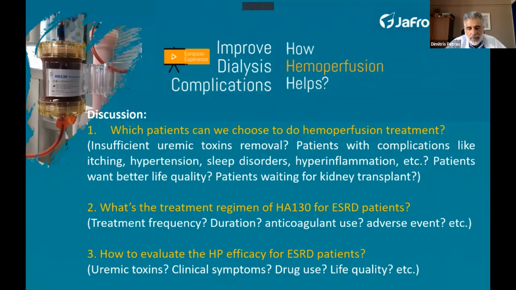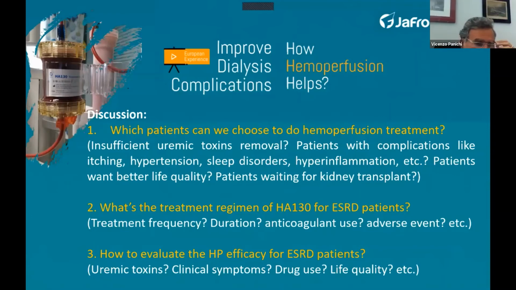Usually people that are more than 10 years in dialysis, I don't think they are going to have much improvement. So we start first with people that are less than 10 years, to improve and not to have complications that cannot be treated. Of course we have some patients waiting for kidney transplant. I think it's very important for them to have a very good dialysis with the best we have.